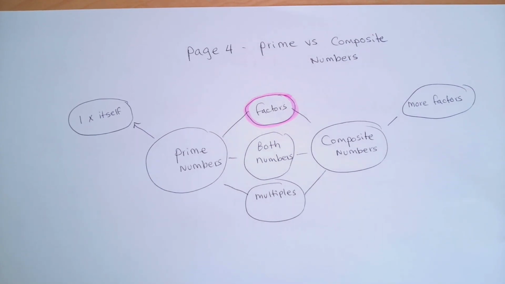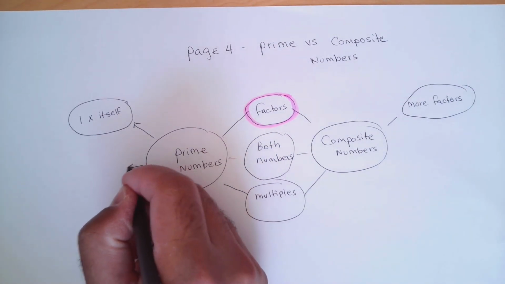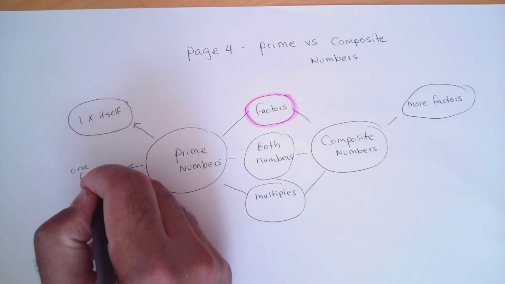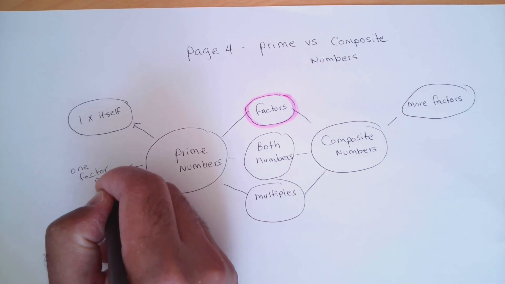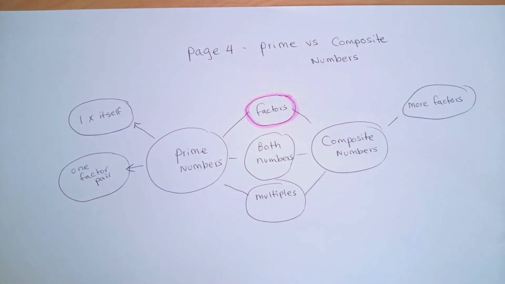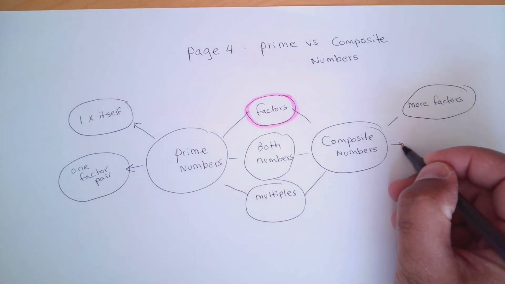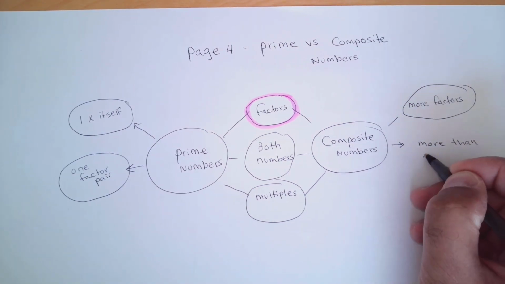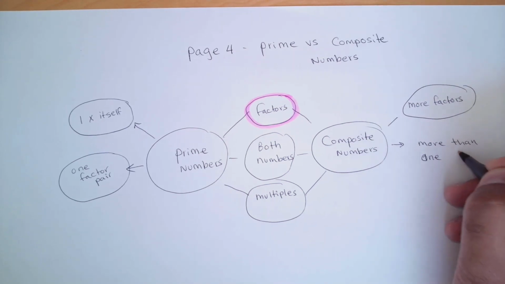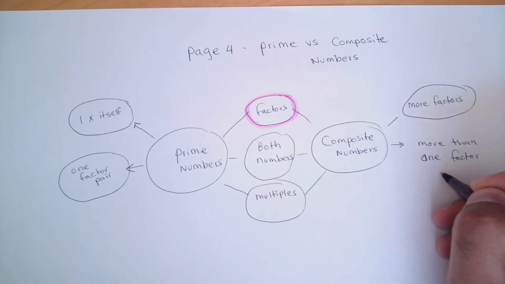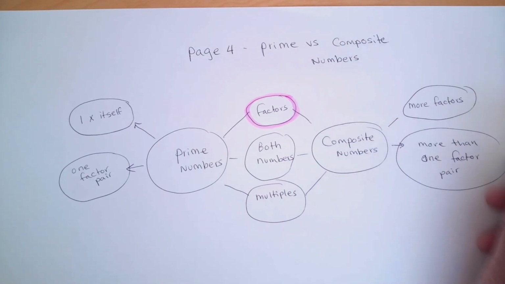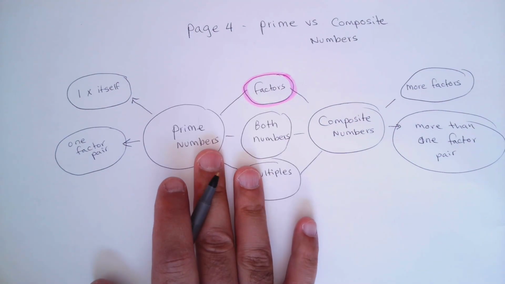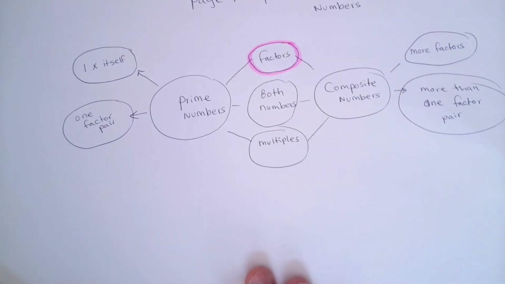That's the only way you can get a prime number. So prime numbers have one factor pair. Composite, on the other hand, has more than one factor pair. Okay, so that's the difference between prime and composite numbers.